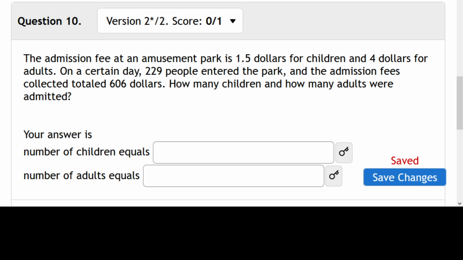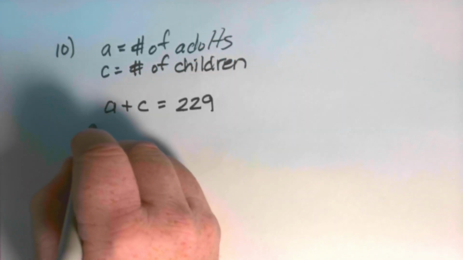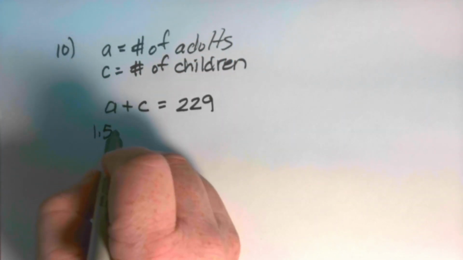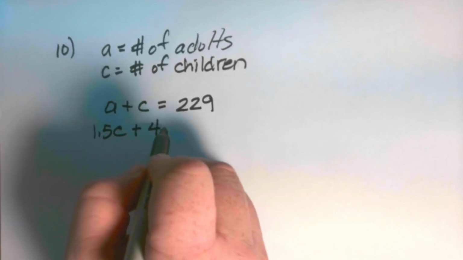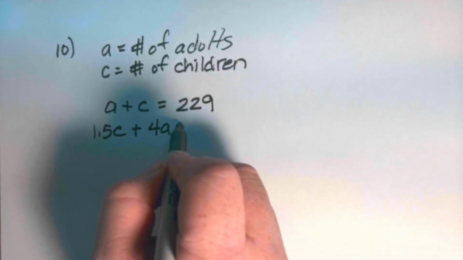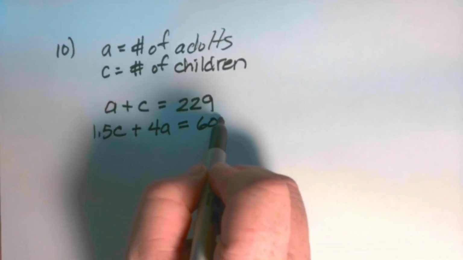I know that they charge $1.50 for each child, and $4 for each adult. Remember that the word "for" means multiply. So I think we can write that equation. $1.50 for each child plus $4 for each adult. And the total amount of money that they brought in was $606.